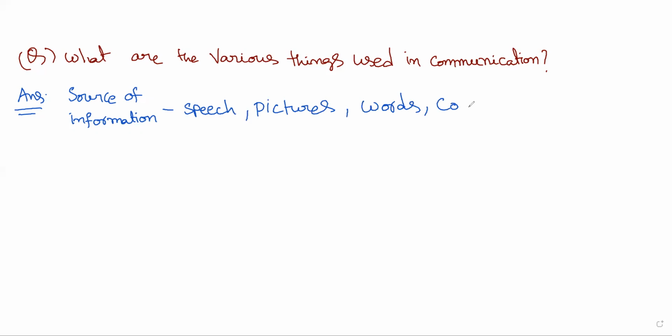It can be codes, or it can be symbols. It can be commands. It can be any kind of data. So that's the source of information.